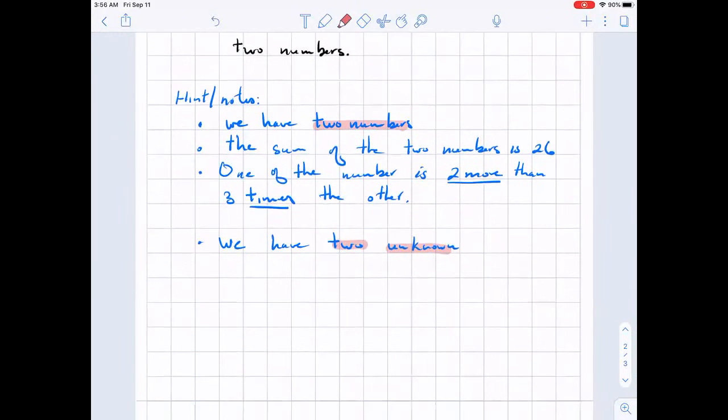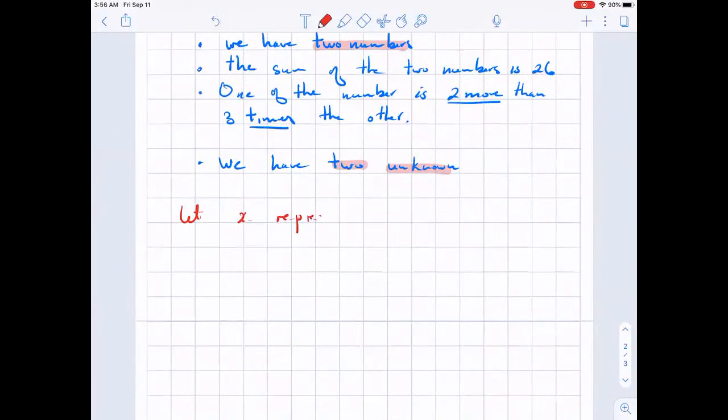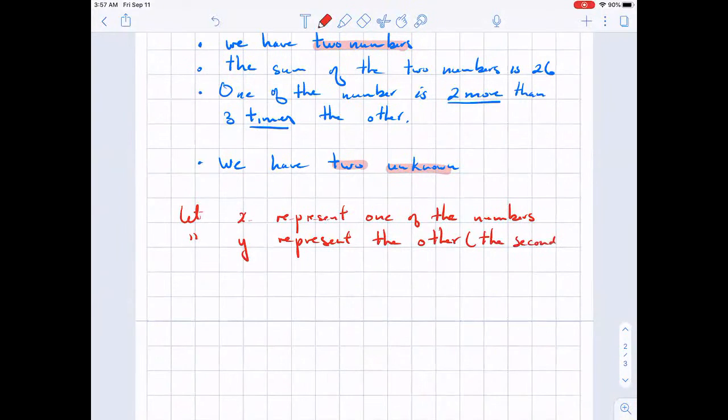So what we can do here, we can let x represent one of the numbers, and let y represent the other number, or the second number. Okay?